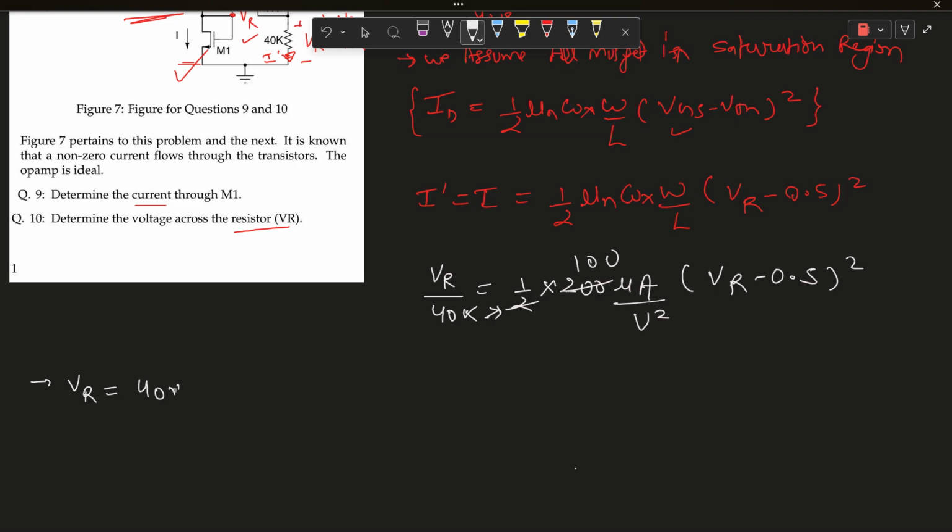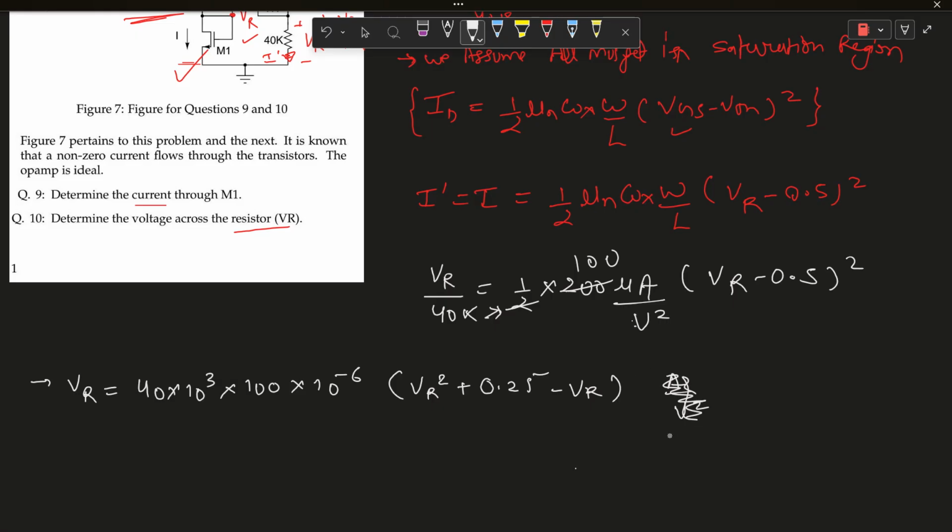VR is equal to 40 into 10 raised to the power 3 times 200 into 10 raised to the power minus 6, and open this square: VR square plus 0.25 minus VR. So the volt and volt, the ampere and ampere units cancel out.